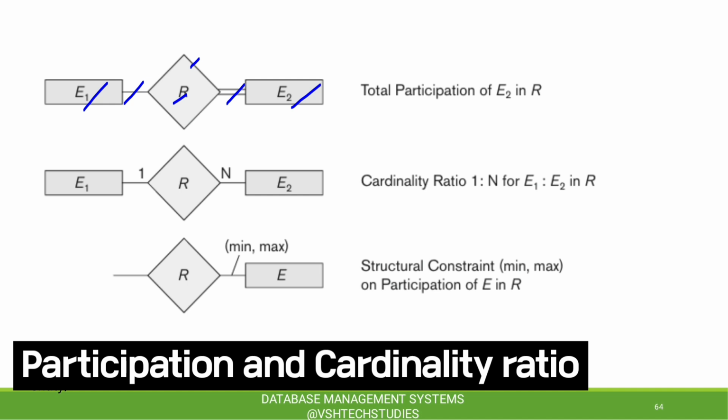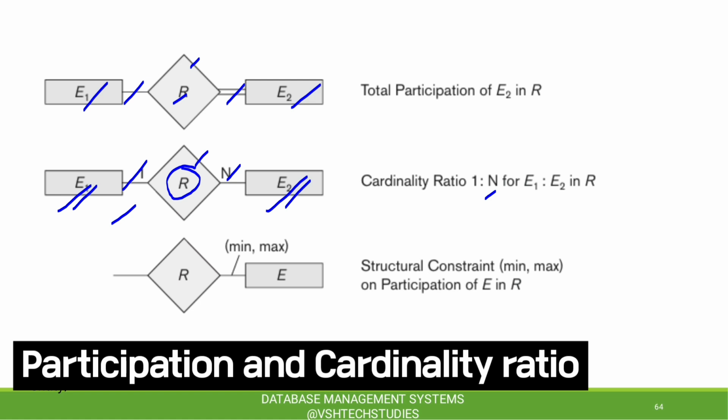As far as cardinality is concerned, if you look at this figure, in the relationship R, E1 and E2 are participating. One entity E1 is participating with n entities from E2. This is 1:n cardinality ratio. One department can control several projects.